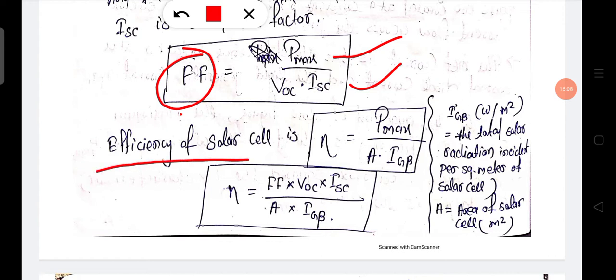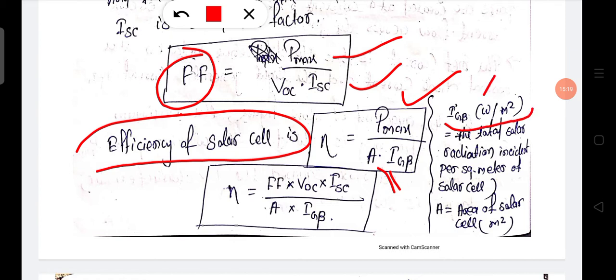And the efficiency of the solar cell is P max divided by A times Ig beta. Ig beta, in watts per meter square, is the total solar radiation incident per square meter of solar cell. That means the total intensity of radiation falling on one square meter of area, 1 meter by 1 meter.